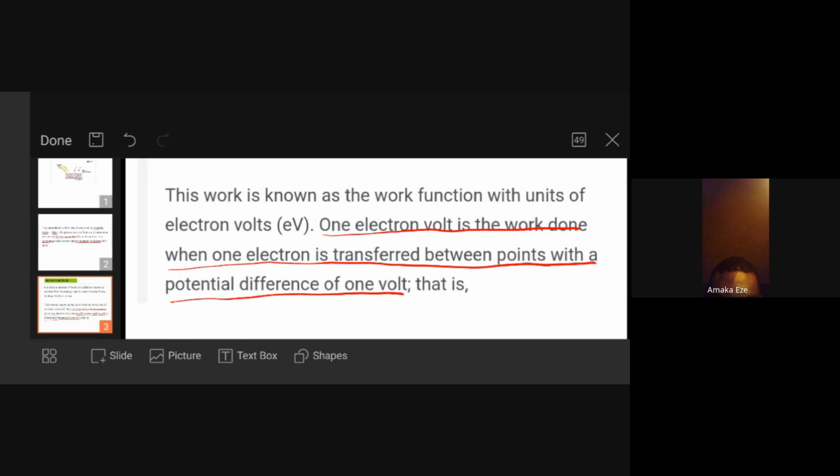That is what an electron volt is. So if you are asked to define electron volt, you tell them that 1 electron volt is simply the work done when an electron is transferred between 2 points with a potential difference of 1 volt. So the work that is being done anytime we have a transfer of an electron between 2 points, from point A to point B, is called electron volt.